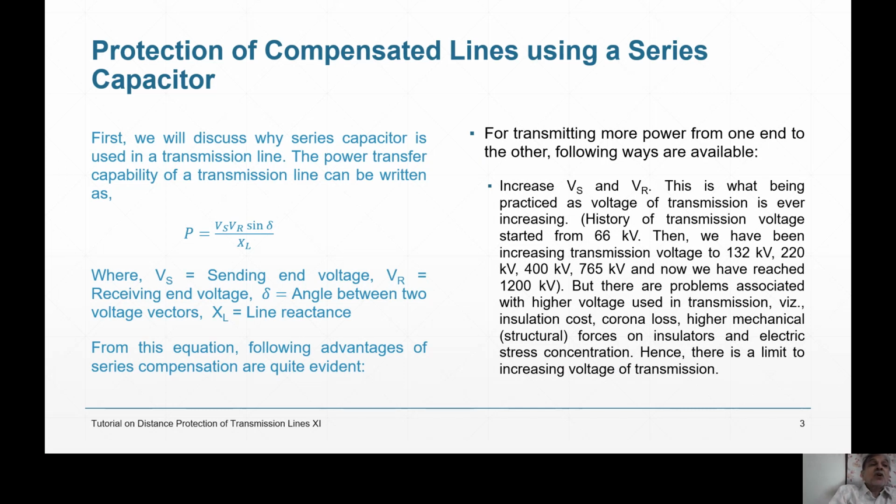That is the one consequence of higher voltage. Another consequence of higher voltage is corona loss. The corona loss will increase, and corona loss public is not paying, electricity board has to pay. So corona loss is the problem.